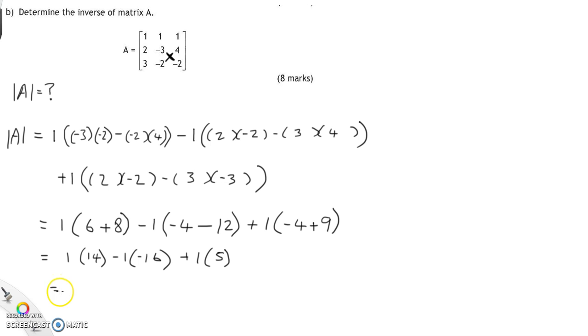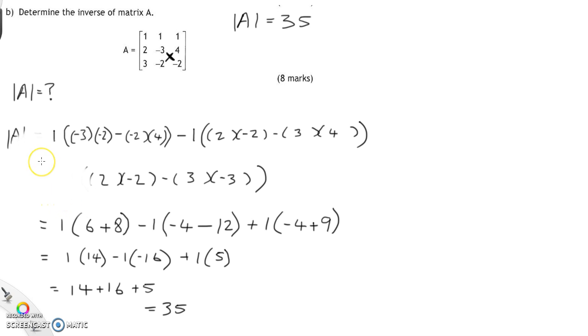So then we have 14 minus 1 times minus 16 gives us plus 16 plus 5. We add those 3 items together and we get 35. So what did we just get there? We got the determinant. So I'm going to write that up top here. The determinant of the matrix is equal to 35.